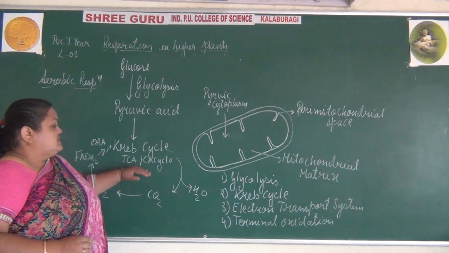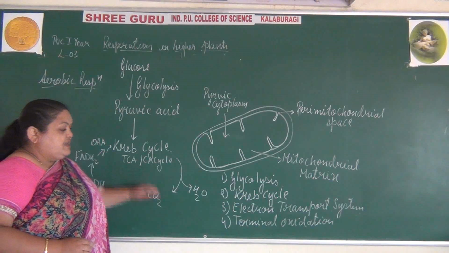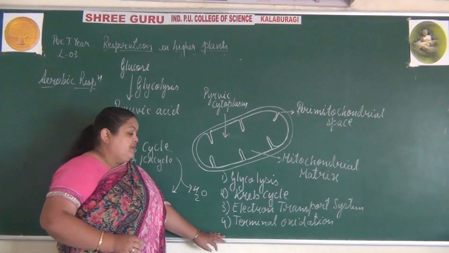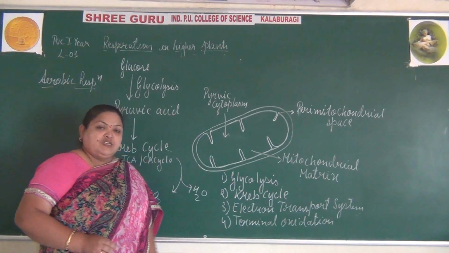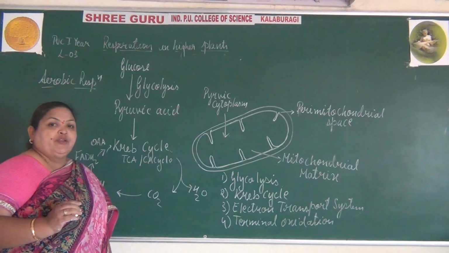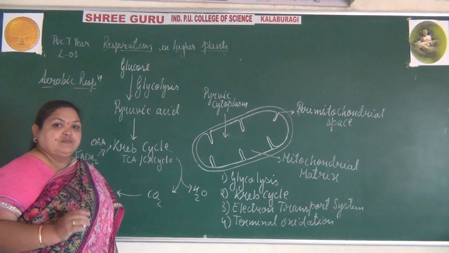So in the next class we will go with the Krebs cycle, electron transport system and terminal oxidation, and the last component is the respiratory substrate.